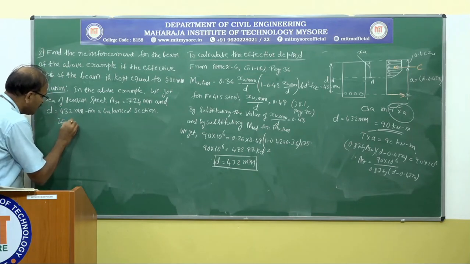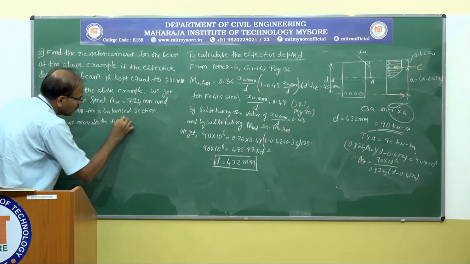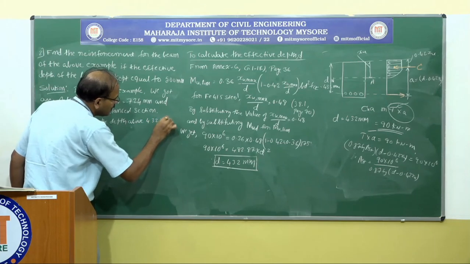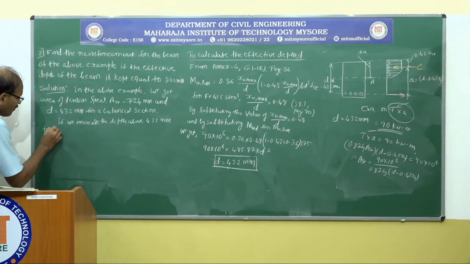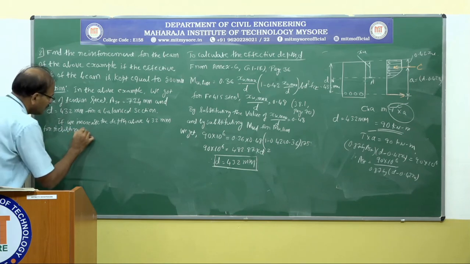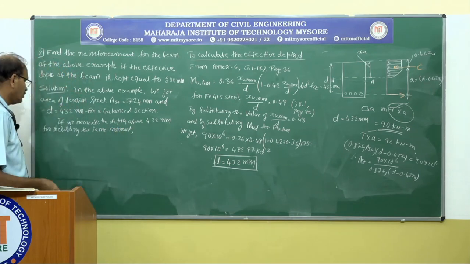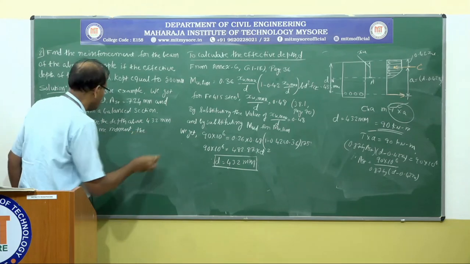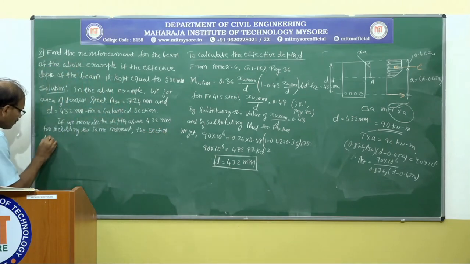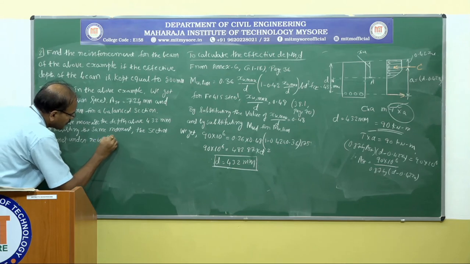If we increase the depth above 432 millimeter for resisting the same moment, the section becomes under reinforced.